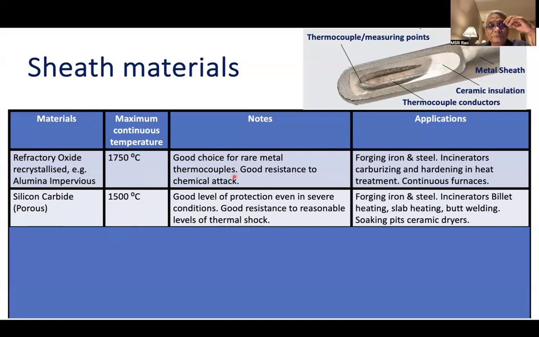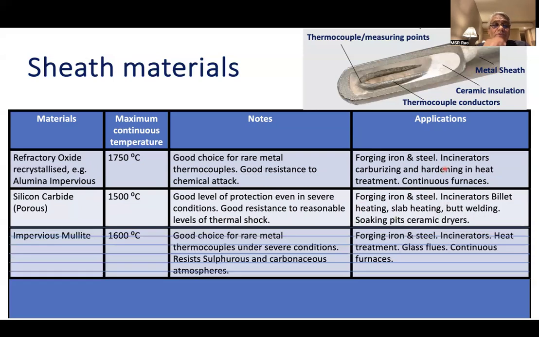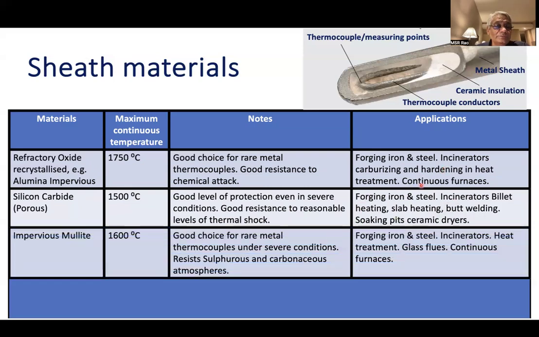The notable points here are the good level of protection even in severe conditions, and good resistance to reasonable levels of thermal shock. Again, forging iron, steel, and various other applications use this type of material. Mullite, impervious mullite, has a maximum continuous temperature of 1600 degrees centigrade.